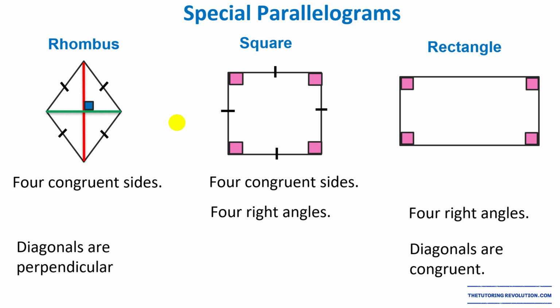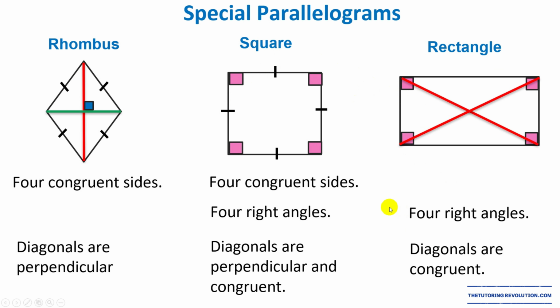In a rectangle, the diagonals are congruent. This diagonal and this diagonal both have the same length. They are congruent. And in the square, the diagonals are both congruent and perpendicular. As you can appreciate in this graph, the properties of the square are the same properties of the rhombus and the rectangle together, right?